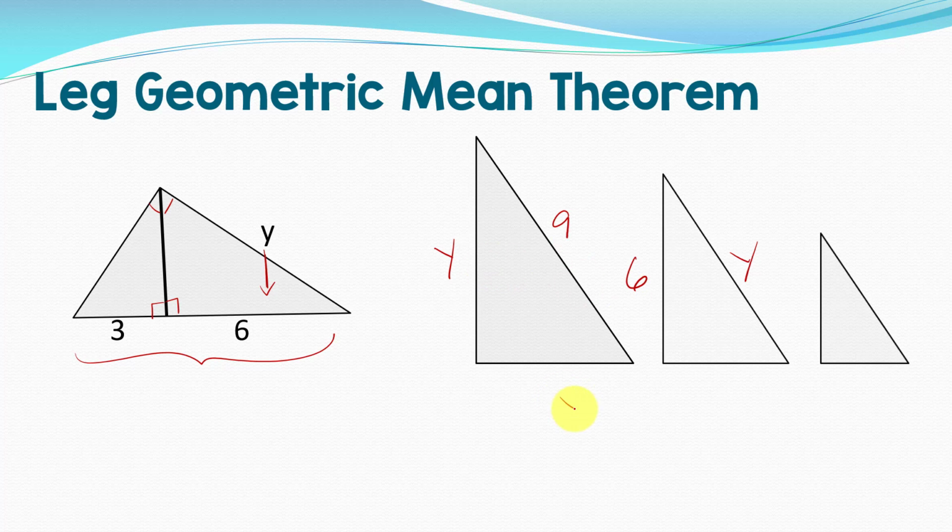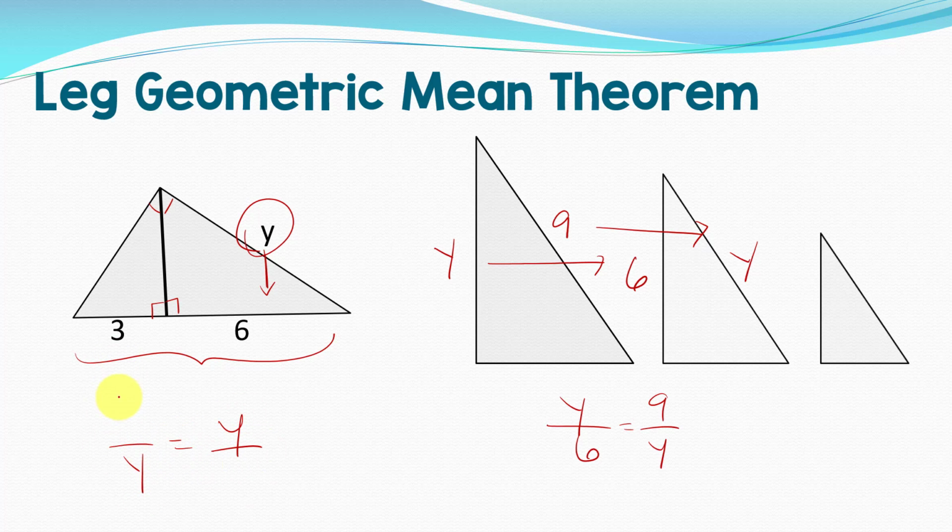So we can say y is to 6 as 9 is to y, setting up similar triangles. Or I'm going to know this is the geometric mean, write it twice, between 6, the side it's with, and the total length, 9. Y squared equals 6 times 9. 6 times 9 is 54.